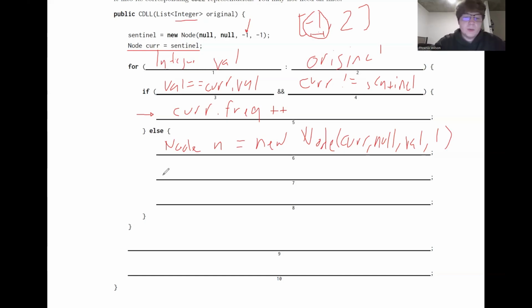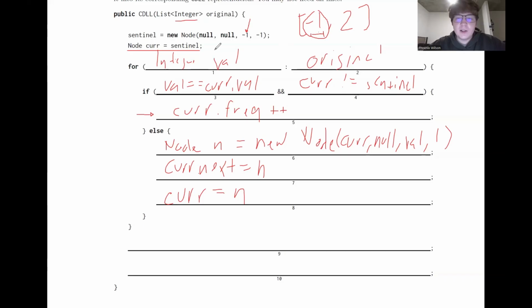Once we've done that, we can set our current node's next pointer to equal this new node. And then we set our current pointer to be equal to this new node. Cool. So let's just walk through what we have right now.